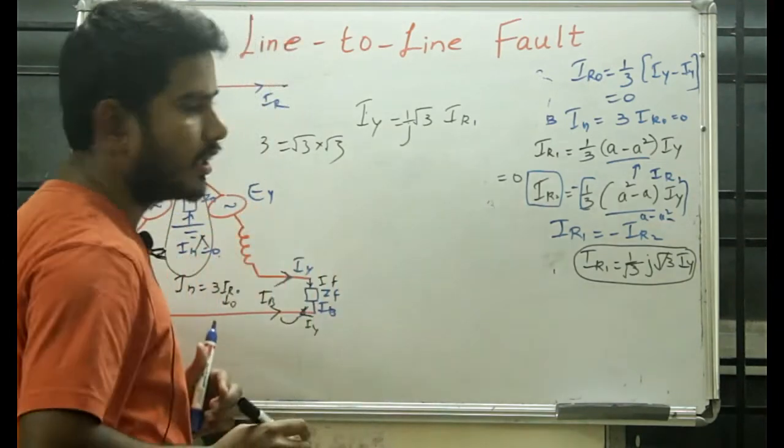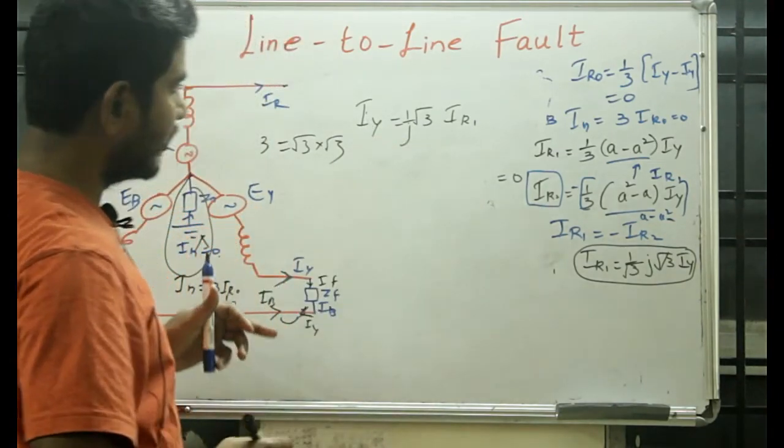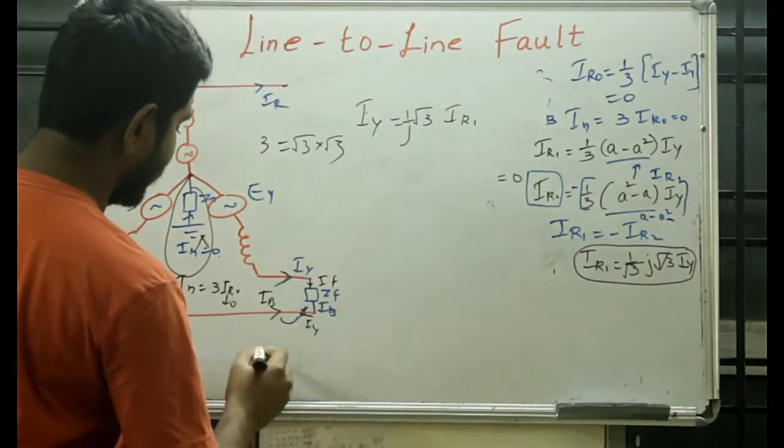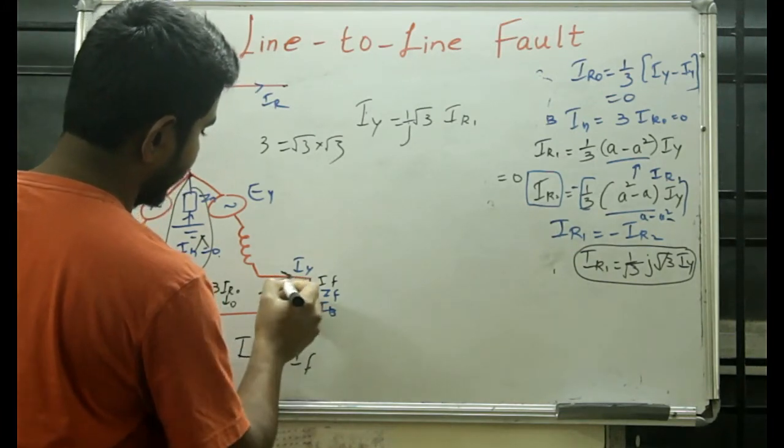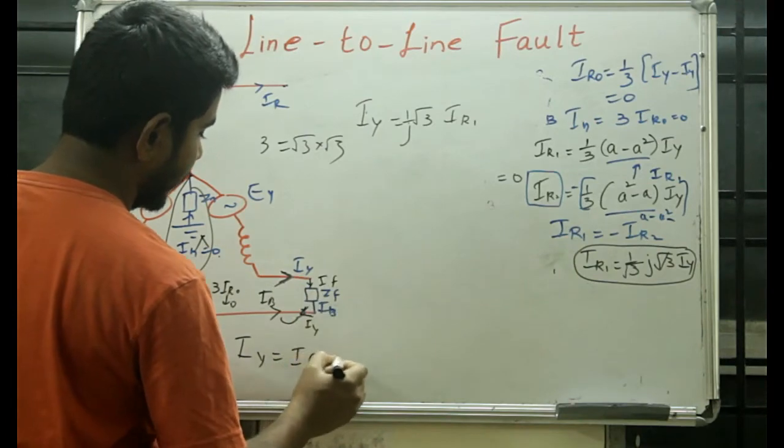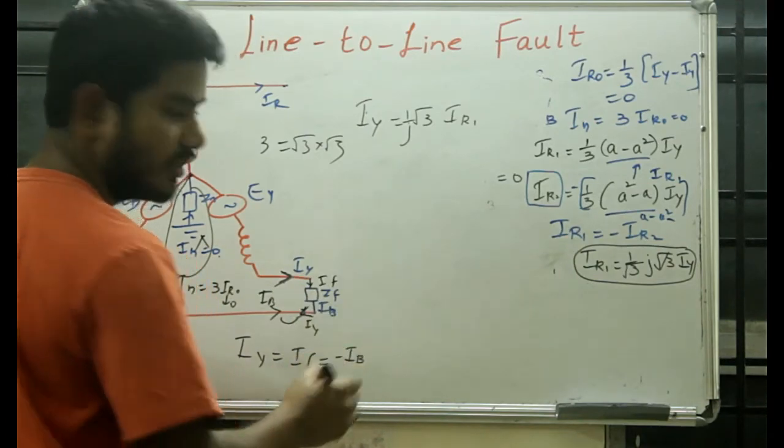Now we have seen from the earlier relations that Iy is equal to If. From here also you can see Iy is nothing but If and this will be equal to minus Ib, right?